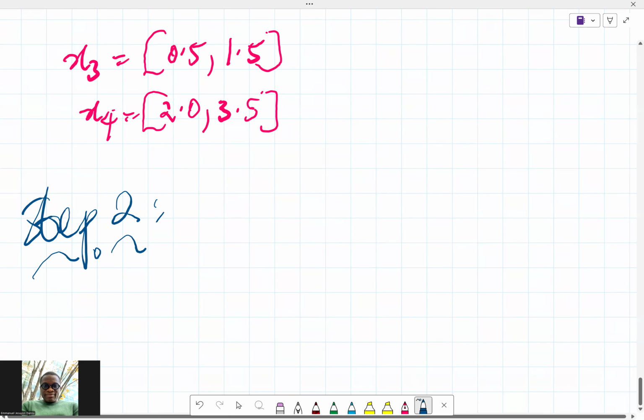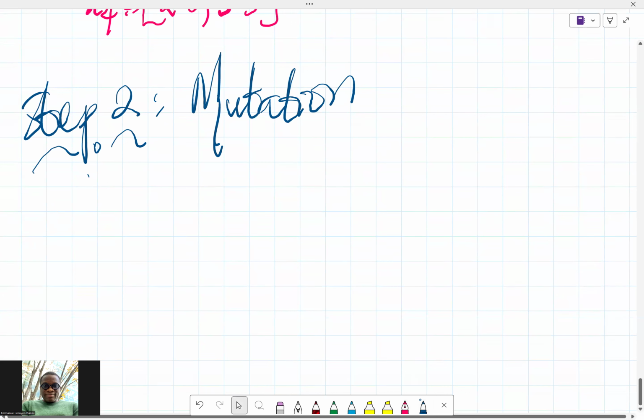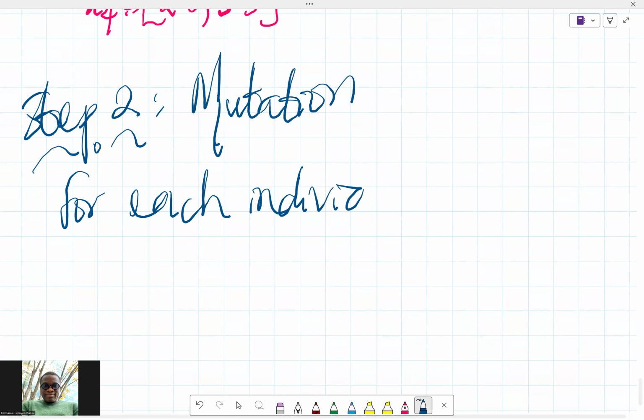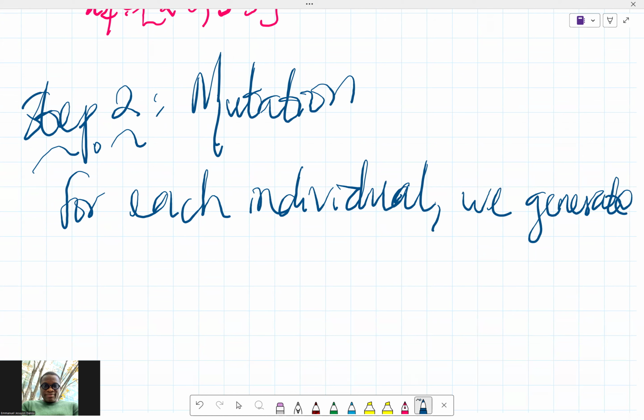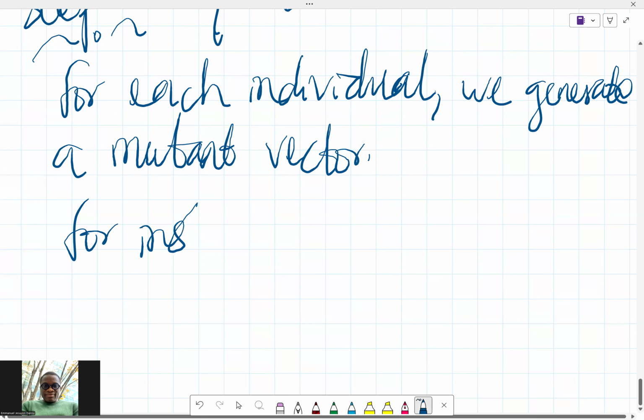Step 2 is about mutation. For each individual, we generate a mutant vector. I mean, we've done this for other methods, so I won't go too far.